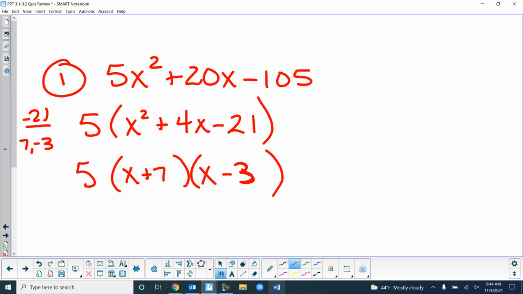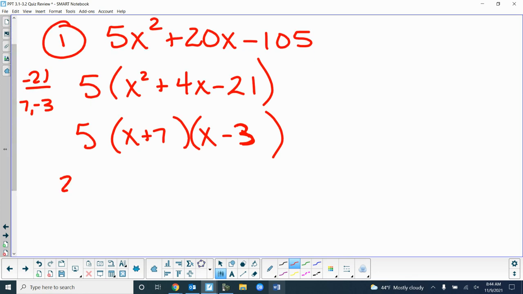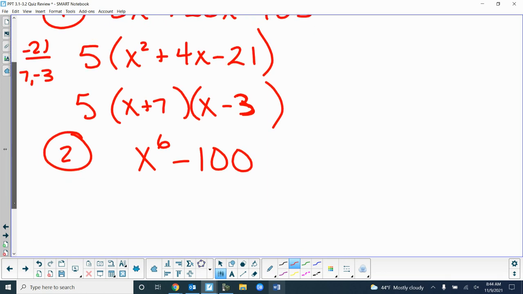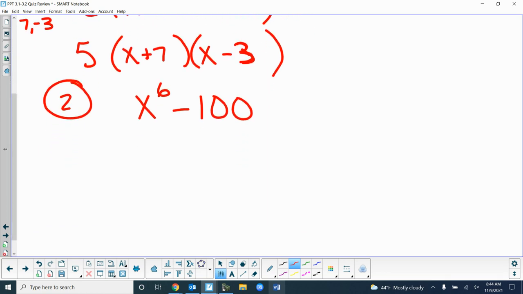All right, number 2, is there a GCF? No. It's got 2 terms. Are they both perfect squares? Yeah, any even exponent for a variable is a perfect square, right? And is there a minus between them?